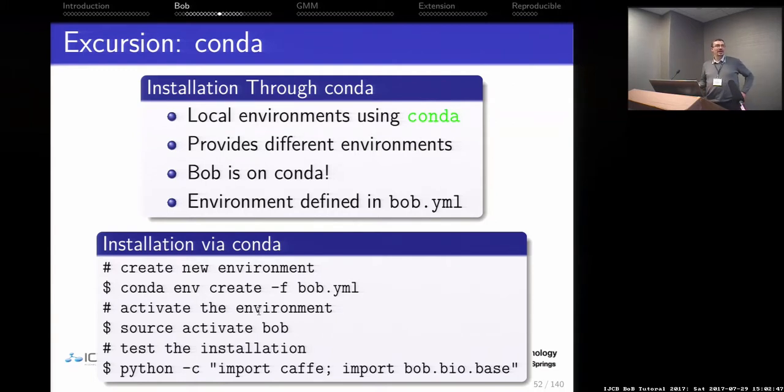To activate the environment, you can just say source activate bob, and you're inside your environment where all the functions and all the tools that you have installed in this environment are available. For example, we will use several packages that I have provided in the bob.yml, which are Caffe and the Bob framework bob.bio.base. After you have activated the Bob environment, you can say, okay, python, import caffe, import bob.bio.base, and it will find it, whereas when you are not inside this environment, it will not find it.